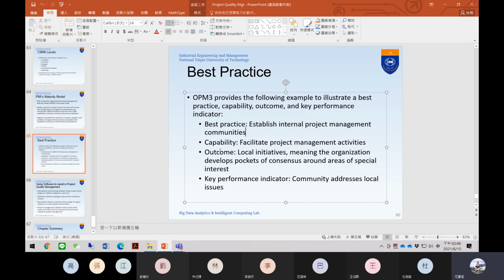Outcome: local initiative, meaning the organization develops pockets of consensus around areas of special interest. The following key performance indicator, KPI: community addresses local issues.